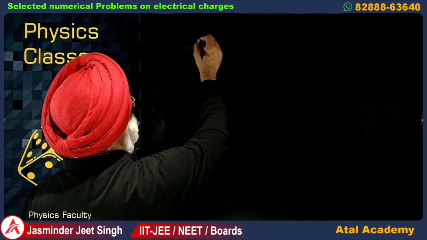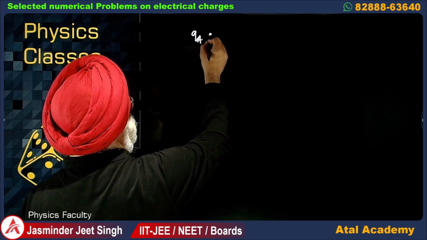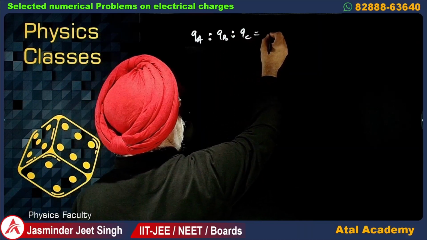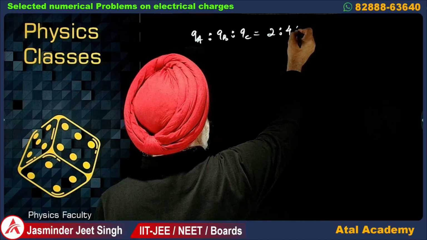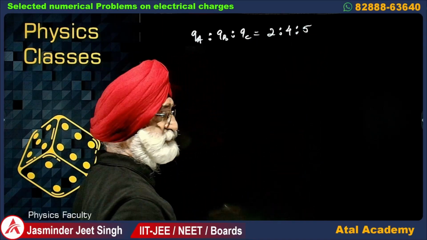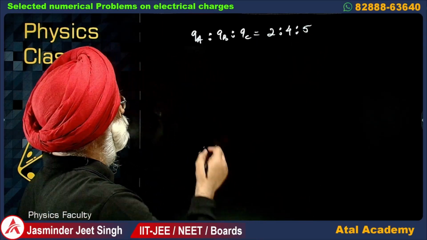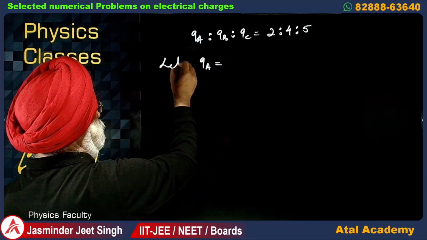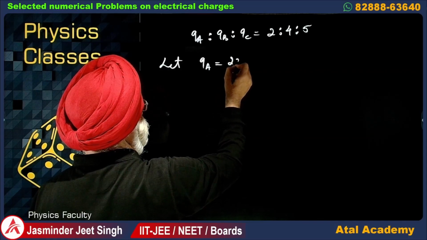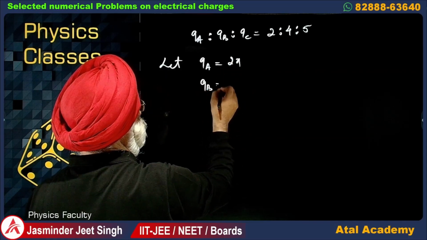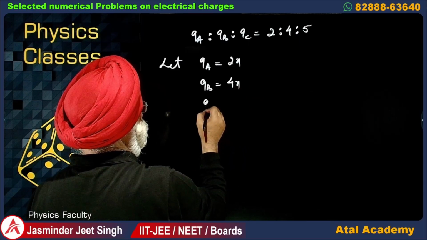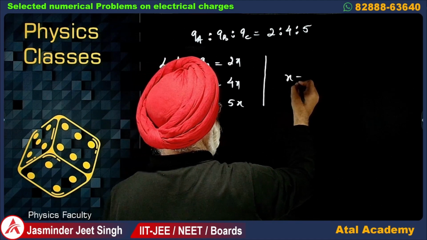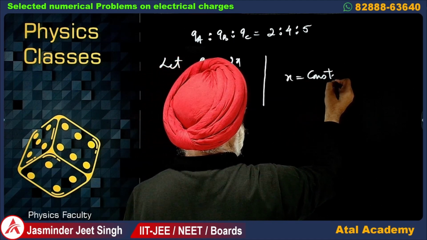Since the 3 charges QA, QB, QC are in the ratio of 2:4:5, we can assume QA equal to 2x, QB equal to 4x, QC equal to 5x. Here we can assume that x is any constant term.